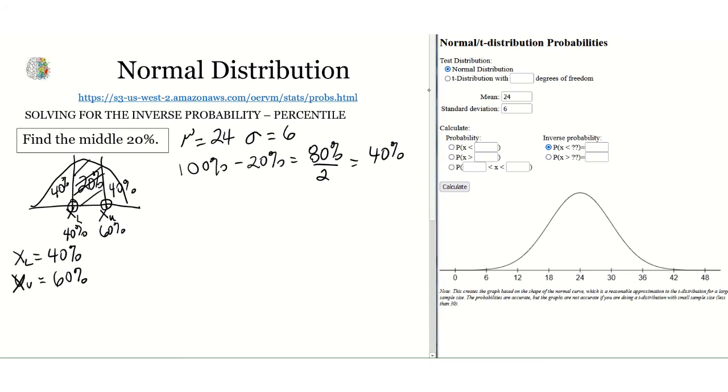So now that I have my percentages, I know what I'm going to solve for. Let's draw the pictures. It's going to be similar to what we did with the interquartile range. I'm going to first solve for my lower 40% so that I can get my lower value. Then I'm going to solve for the upper boundary.